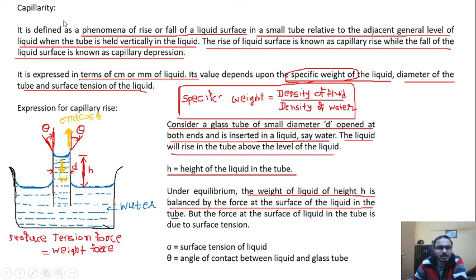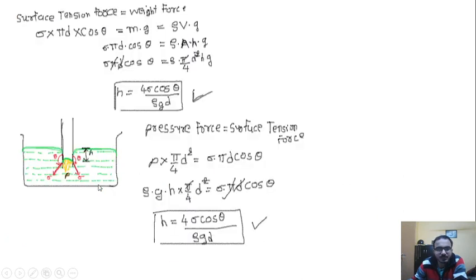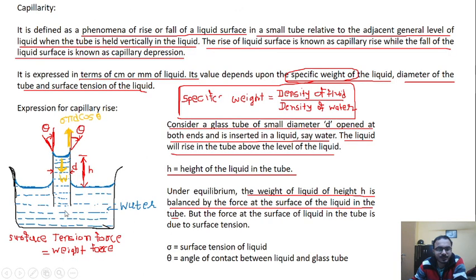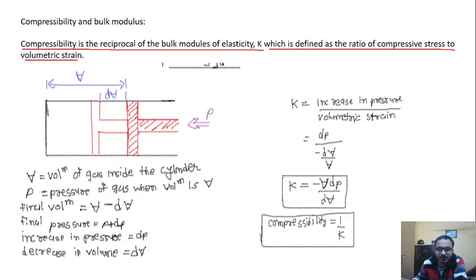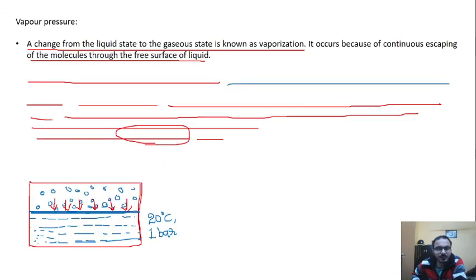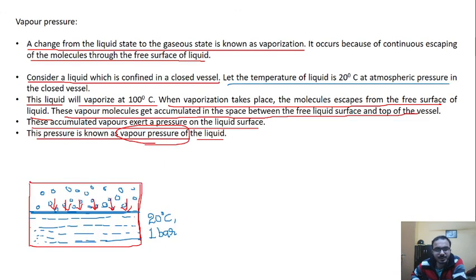Then we discussed capillarity, that is the rise or fall of a liquid surface in a small tube relative to the adjacent general level of liquid when the tube is held vertically. We also discussed the specific weight formula, and we proved the formula of capillary rise as well as capillary depression in two different cases. Here it will be water, and in the fall it will be mercury. Then we discussed compressibility and bulk modulus. We proved the formula for the same, and finally we discussed vapor pressure.